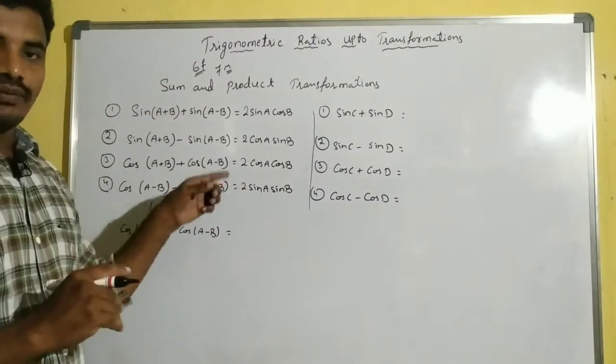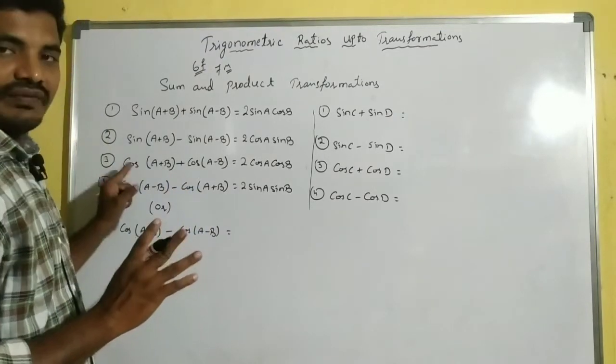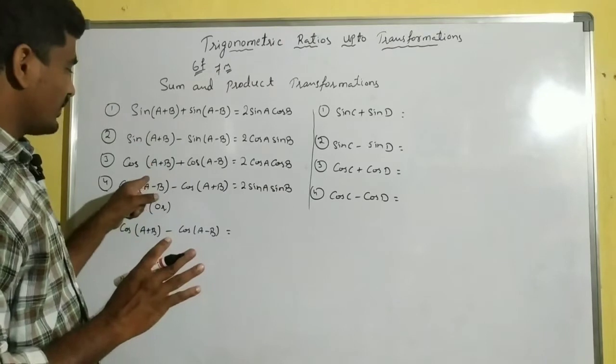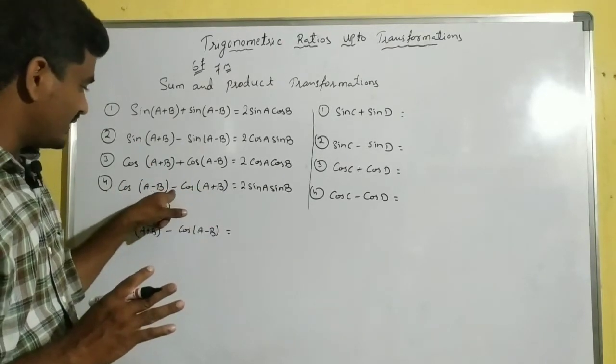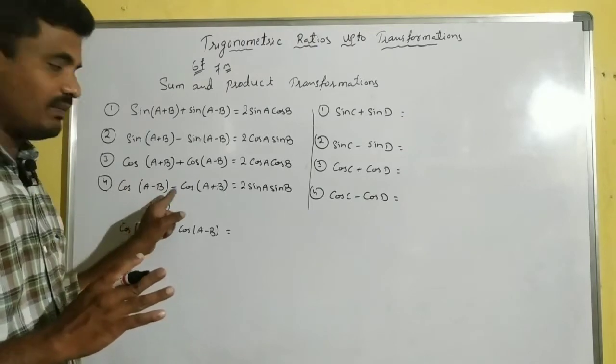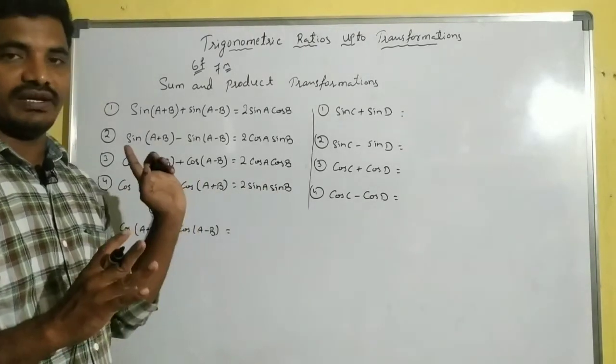This difference you have to find first. Only one difference here among all these. Here first we get minus, here plus, and here minus sign is there. Cos of a minus b minus cos of a plus b equals 2 sin a sin b.